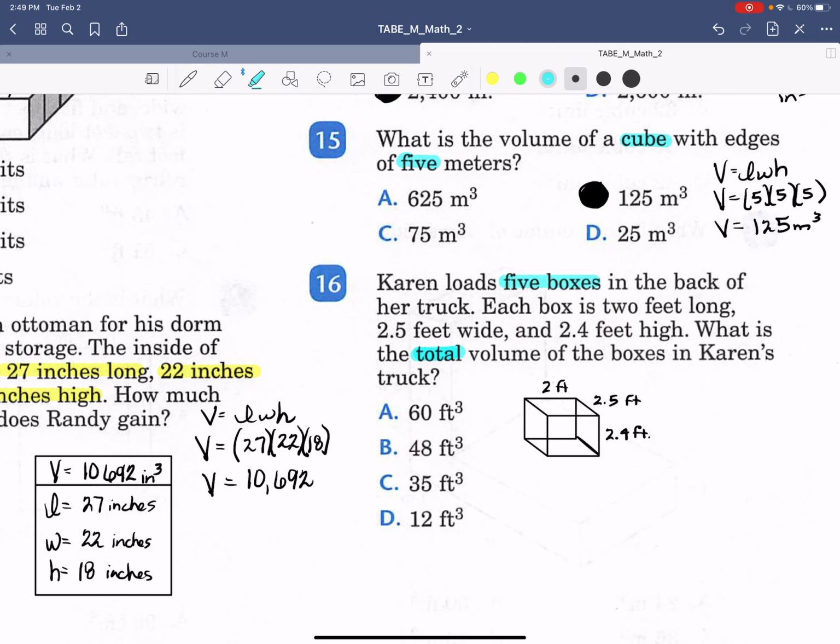5 boxes, 2 feet long, 2.5 feet wide, 2 4/10 high. So let's get volume. We've got length, width, and height. And that all gets multiplied.